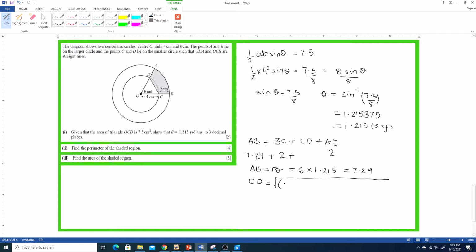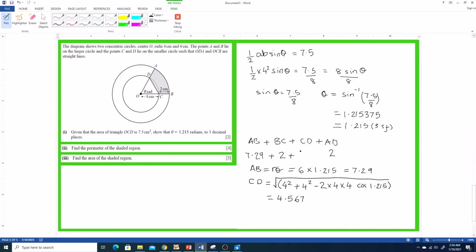The sides are 4 centimeters, so 4 squared plus 4 squared minus 2 times 4 times 4 cos 1.215. Punch that all out in one step, gives you 4.567.